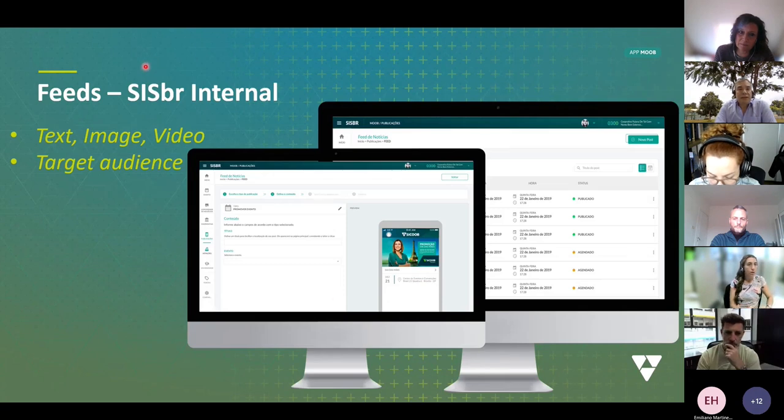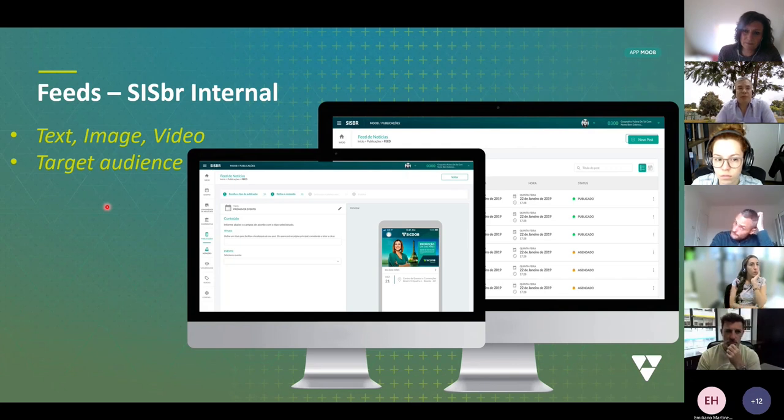Here is the CIBP internal front end where the employees can insert the news with text, images, or a video. And it's important that they can select the target audience here, including a news for all cooperative members or a specific group. This specific group can be set manually or using a list. For example, here we have some cooperatives with delegates.